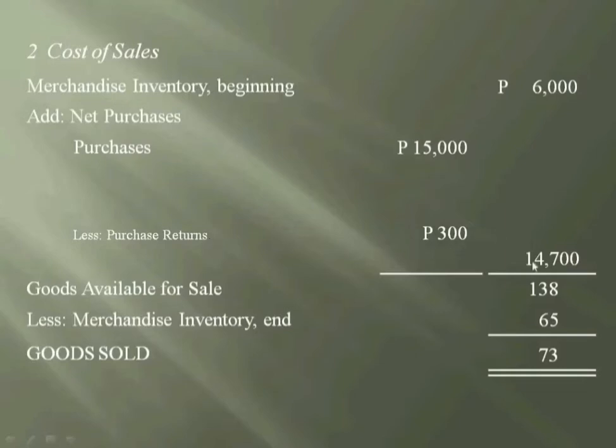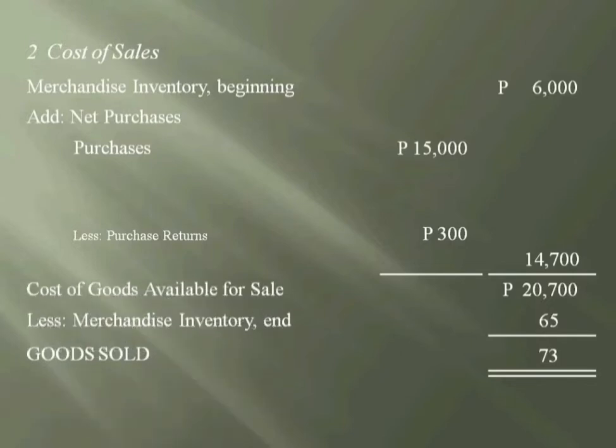Net purchases of 14,700 add to the merchandise inventory beginning of 6,000 equals 20,700. Since this 20,700 is already in terms of money, better describe it now as not just goods available for sale, but as cost of goods available for sale.